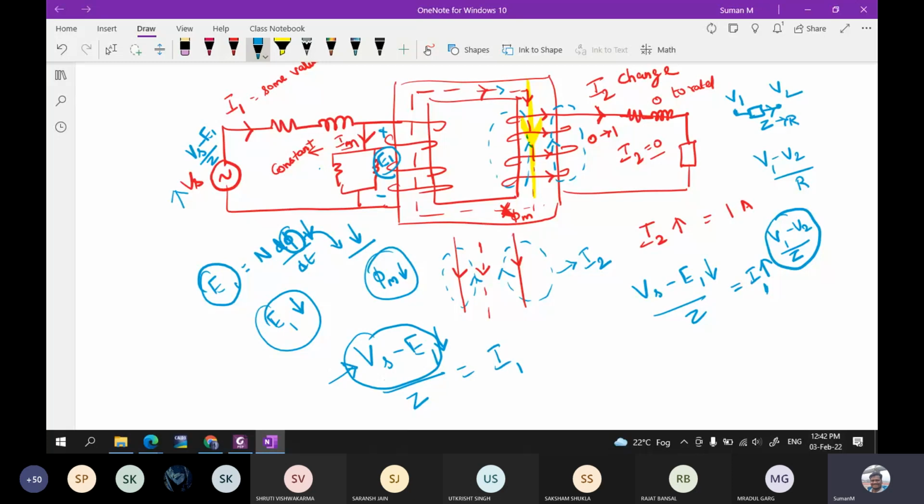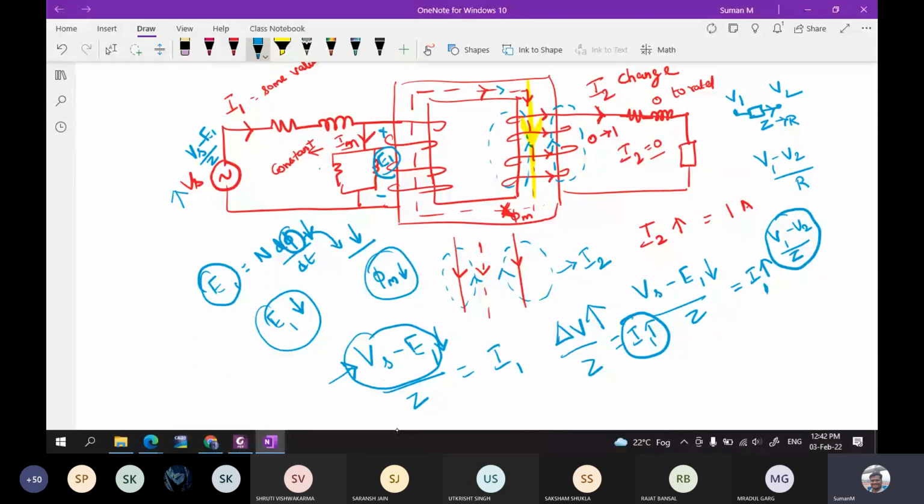If the source voltage is constant and this E1 is decreasing, then the difference in voltage is increasing. If the difference in voltage is increasing, divided by the Z will be giving the increase in current. So even for a small change in induced EMF, there will be a huge current rise.